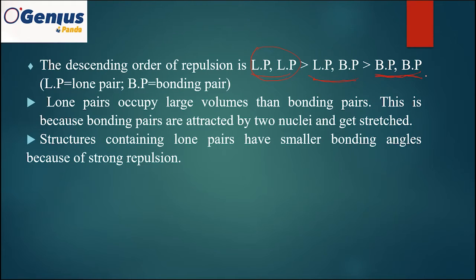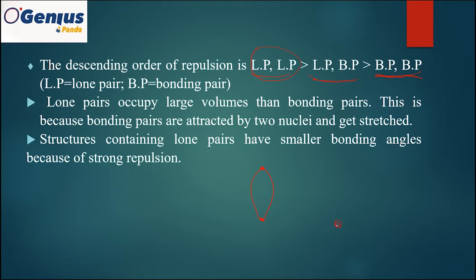Lone pairs occupy larger volumes than bonding pairs. Why is it like this? It's because bonding pairs are attracted by two nuclei, as I explained, and then they get stretched. It's like having a nucleus here and another nucleus here, and then the electron cloud will be stretched by the two nuclei, which are both attracting the electron cloud.